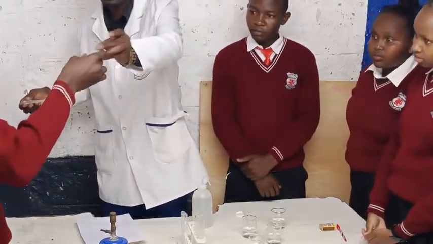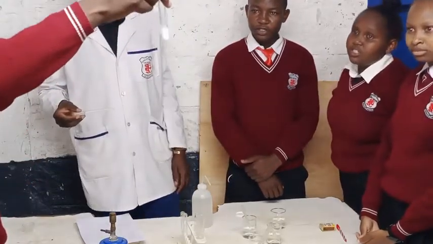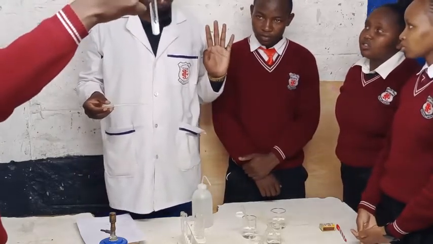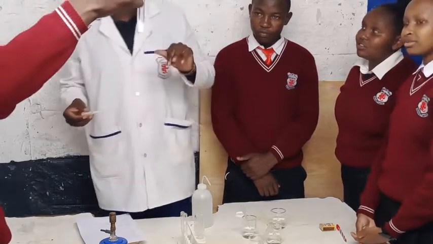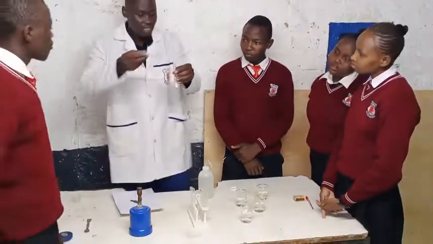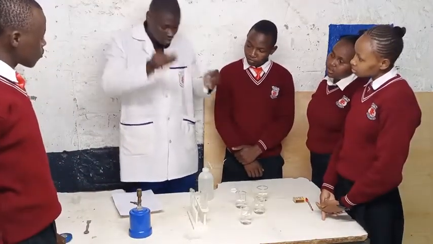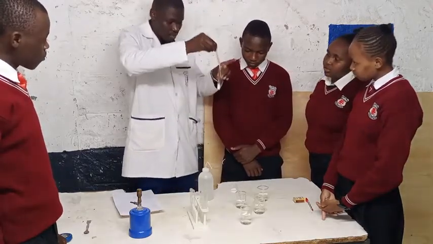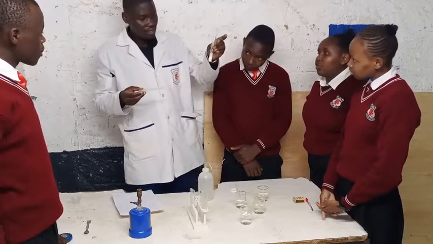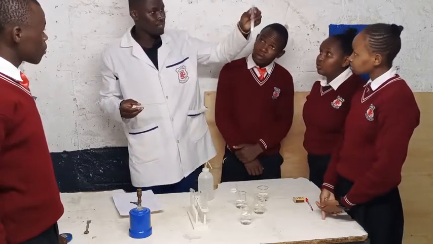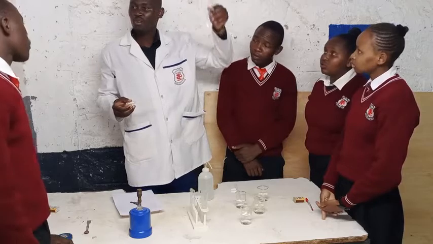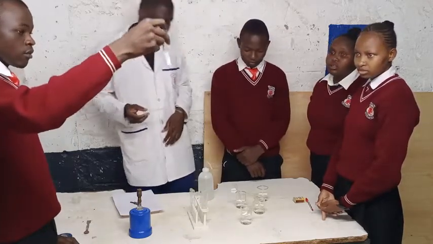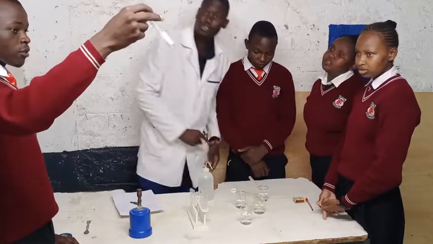Now, what is that? It's a white precipitate when we add a few drops. Now let us add until in excess and see if it dissolves or not. Does it dissolve? No. So there is formation of white precipitate which does not dissolve in excess ammonia solution.